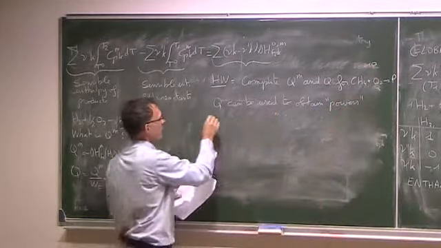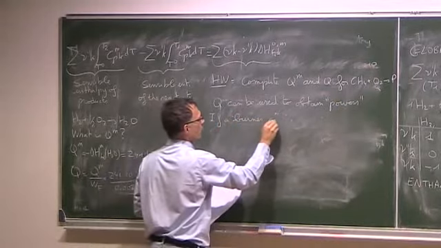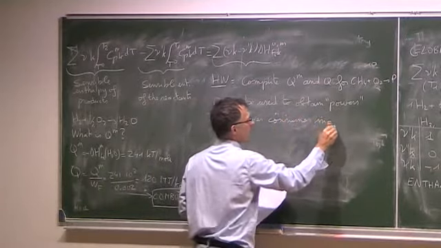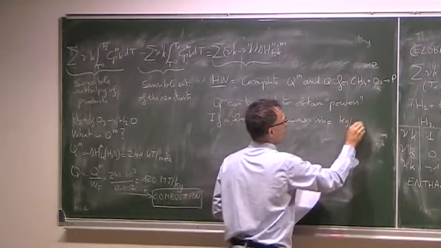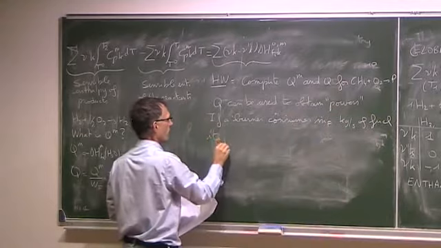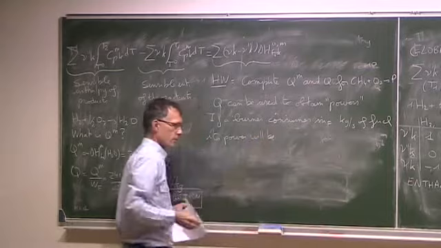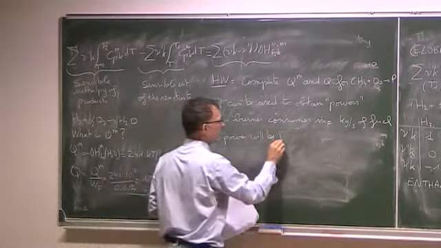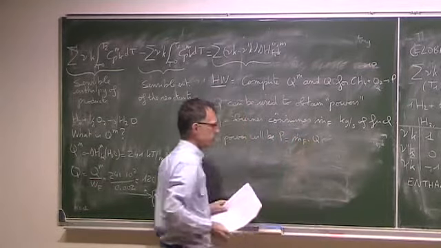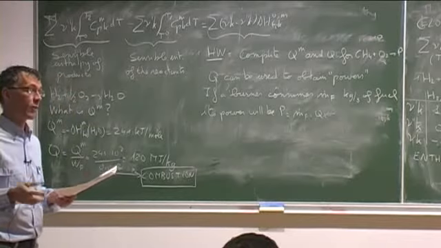Well, basically, if a burner consumes m.f kilograms per second of fuel, its power will be simply P equal to m.f multiplied by Q. Okay? And this will give you directly watts.